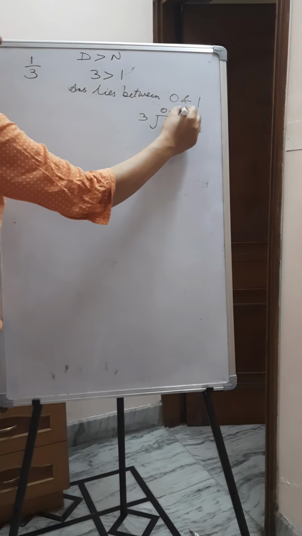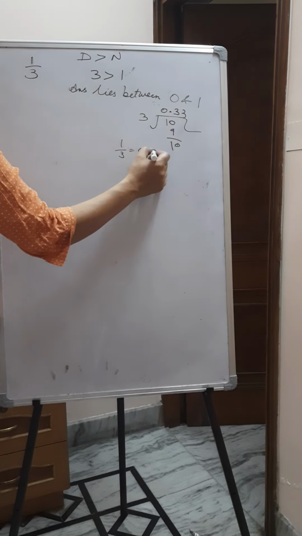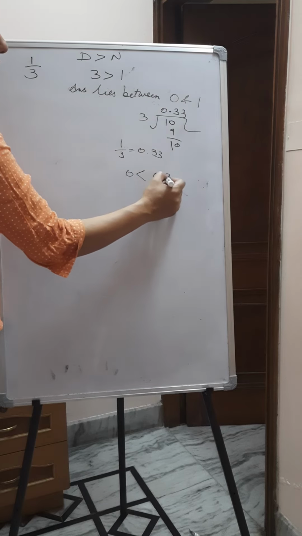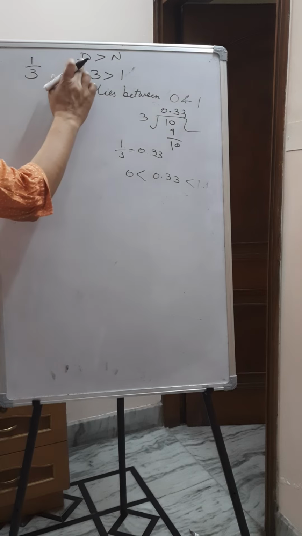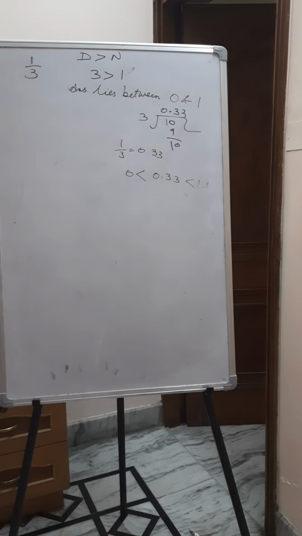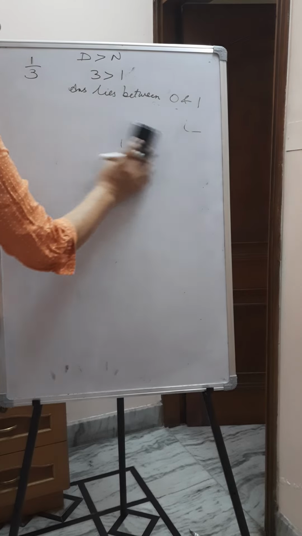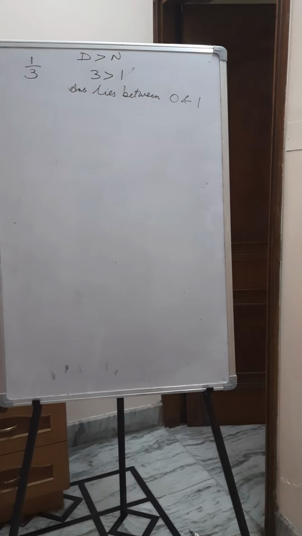Then again 10, 3 3s are 9. So 1/3 is equal to 0.33, and this 0.33 lies between 0 and 1. That's why whenever the denominator is greater, the value lies between 0 and 1. So there is no need to draw beyond 1, whether in negative or positive.